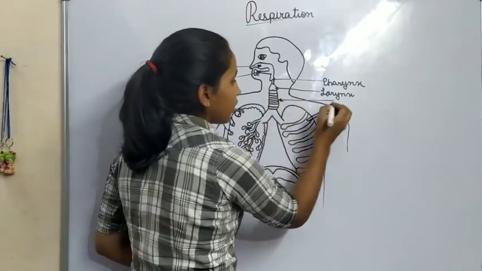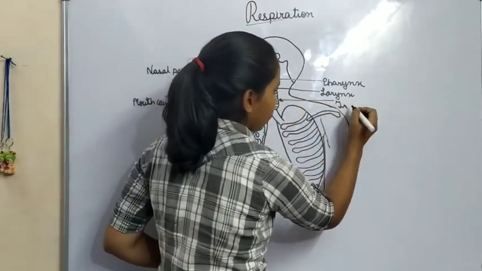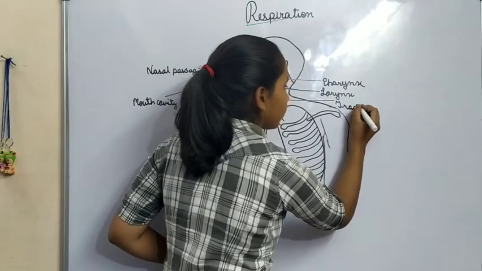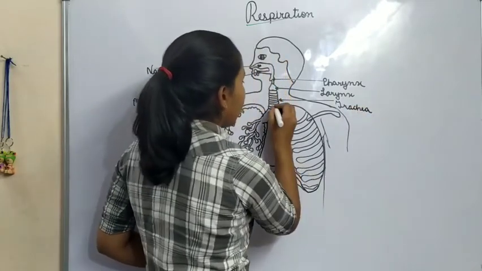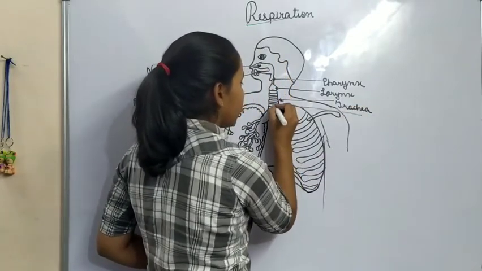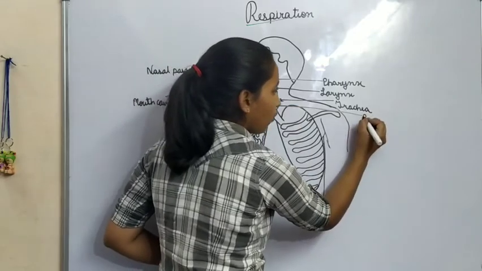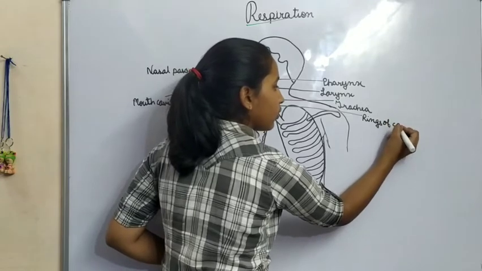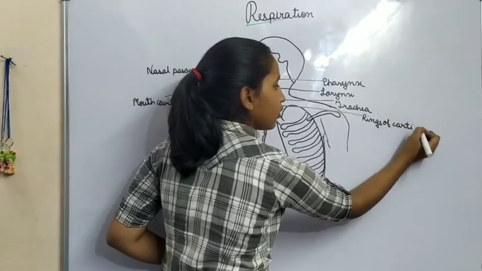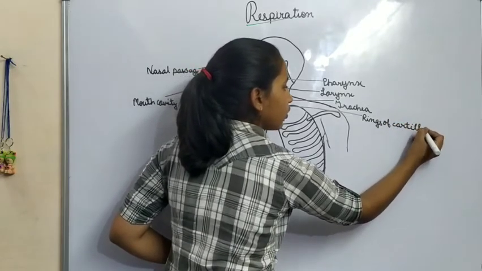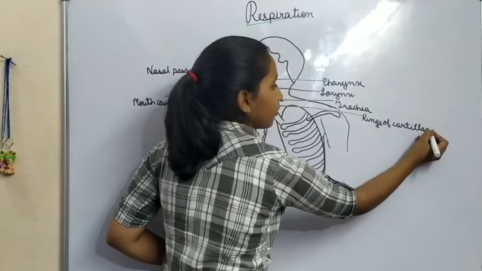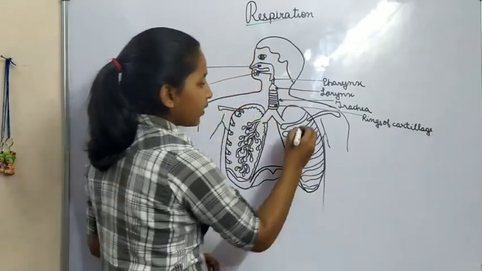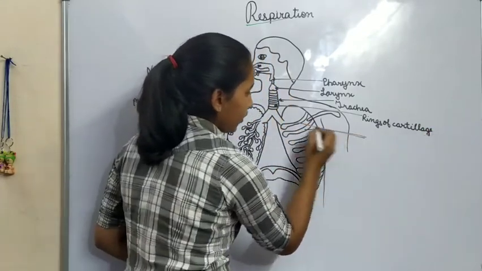This is called as trachea. And these are rings of cartilage. These are called as ribs.